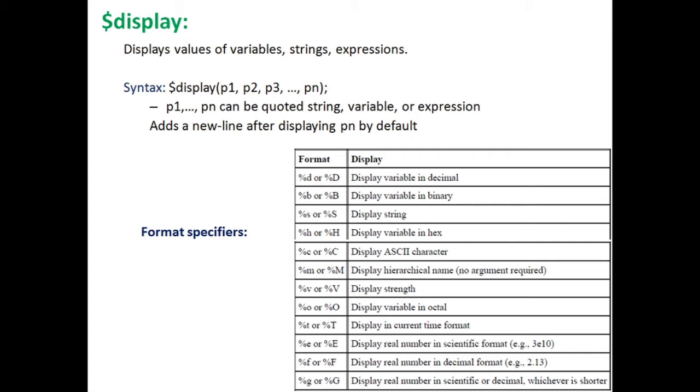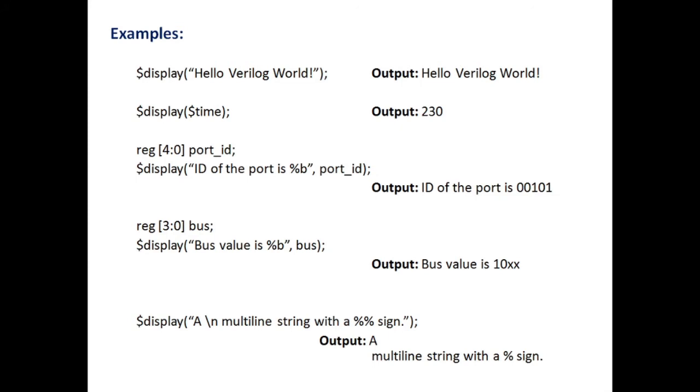That means for the variable we are going to use in our $display, what is its format: is it hexadecimal, or a binary number, or a string, or some ASCII character, or whatever it is. In order to make the compiler understand, we definitely must give the format specification for every variable. So let us see some examples for $display.